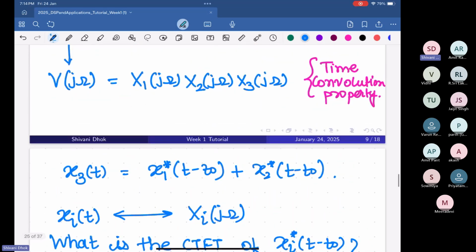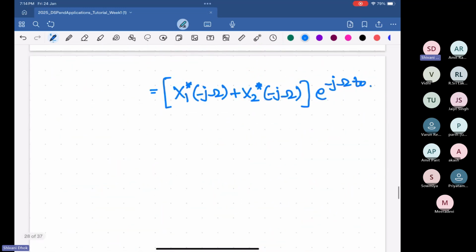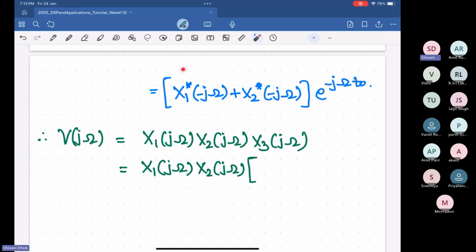We wanted to find out v of j omega, which is the product of x1 of j omega, x2 of j omega, and x3 of j omega. So now let us substitute everything in one place. So therefore, v of j omega comes out to be equal to x1 of j omega, x2 of j omega, multiplied by x3 of j omega, which is given by the equation here.